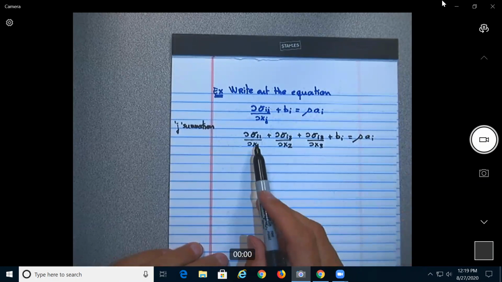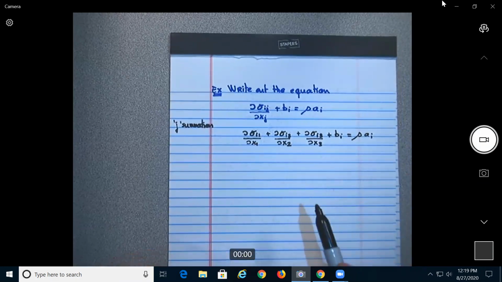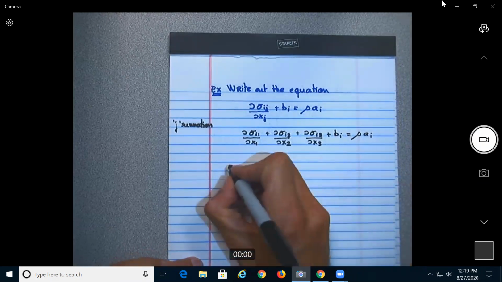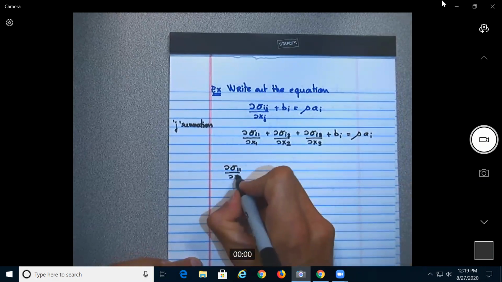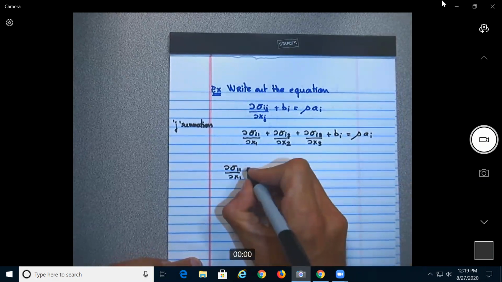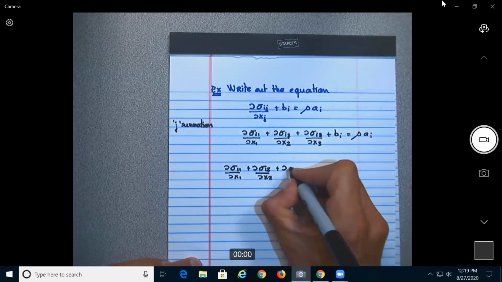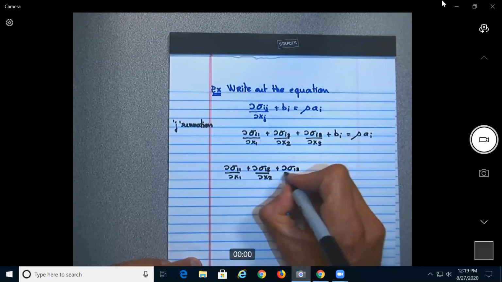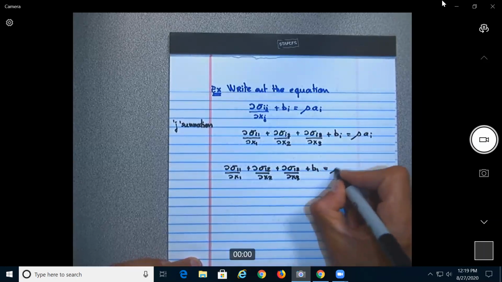Now what you need to do is to give the values 1, 2, and 3 to the i. So basically that means that from this equation, we're going to end up with 3 equations. That will be partial sigma 11 over x1 plus partial sigma 12 over x2 plus partial sigma 13 over x3 plus b1 equal rho a1.